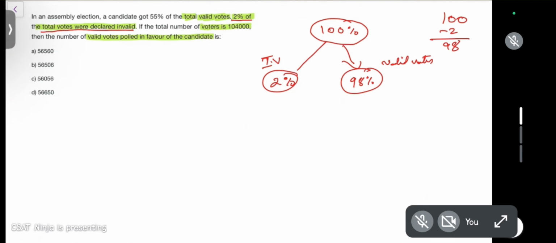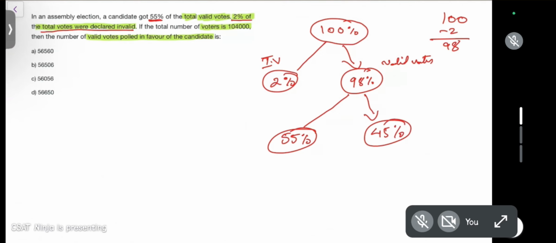That's number one. But again, what is there? A candidate got 55% of the valid votes. That means out of this, a candidate is getting 55% of the valid votes. Which means the other one is getting how much? 45%.